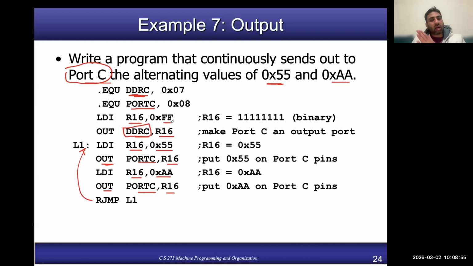So we are setting all 8 pins of port C in output mode, right? What if I don't want to set all 8 pins of port C in the output mode? Let's say I want to set only pin 0 of port C in output mode, and I don't want to affect the mode of the other pins. I want to just retain whatever mode they have, right?